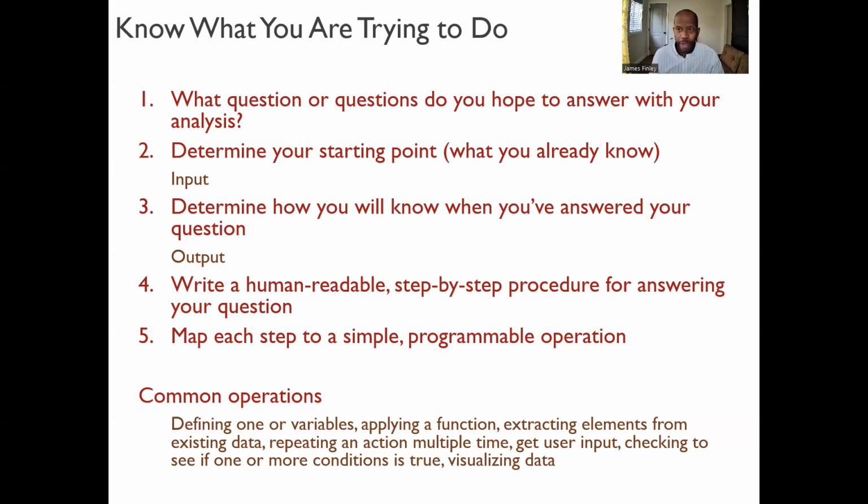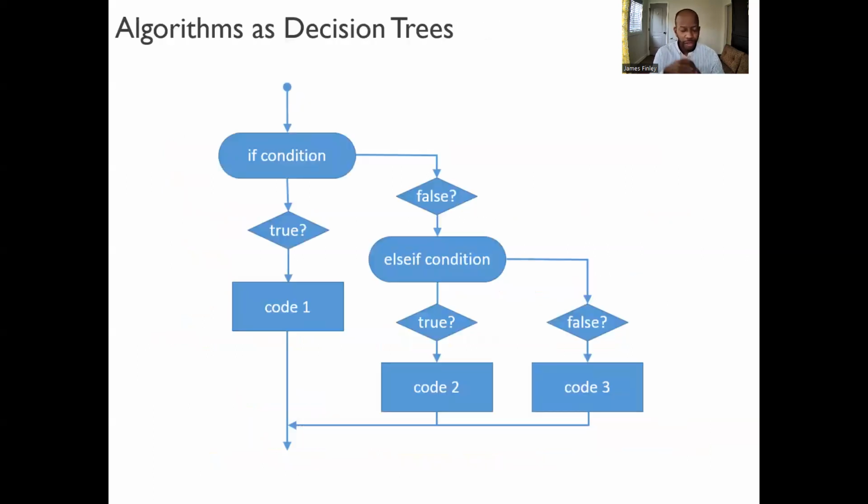So another thing that might be helpful for some as you're starting to develop algorithms more often is to write them down in the form of a decision tree, right? So here, this is a way that you can really visualize how data, variables, and information flow through your data analysis pipeline.